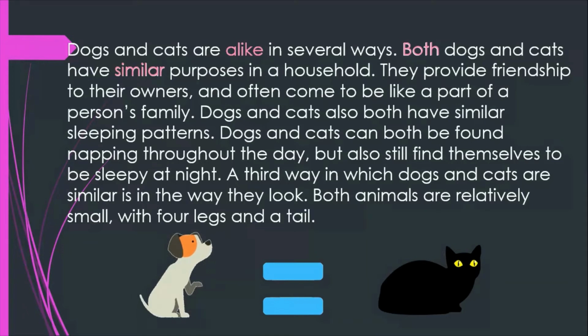Yes and no, right? So let's go ahead and move on to the next sentence. Yep, we have also, and we have similar, and we also have, I didn't highlight it, but let's see if you can find it. Yes, both. It's right there. Dogs and cats also both have similar. Very good. Yes. Love it.